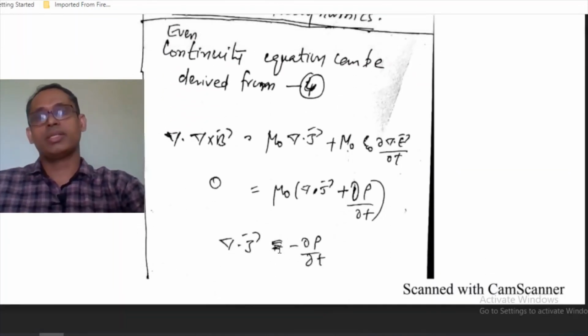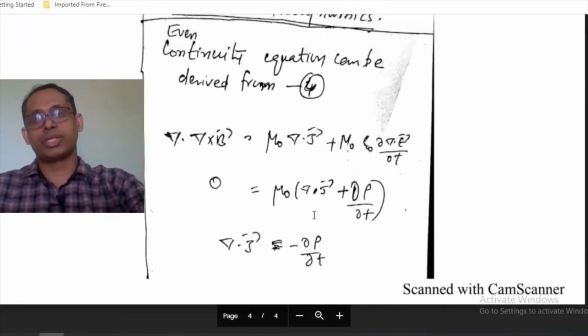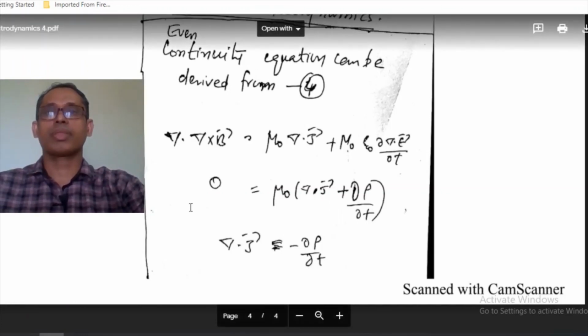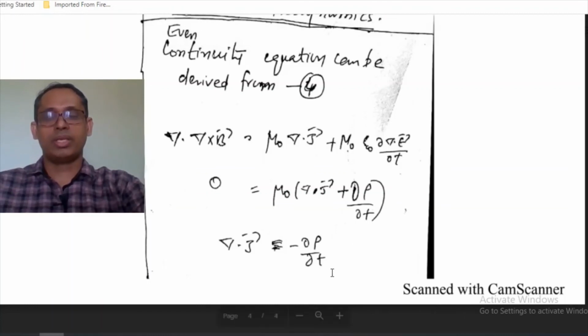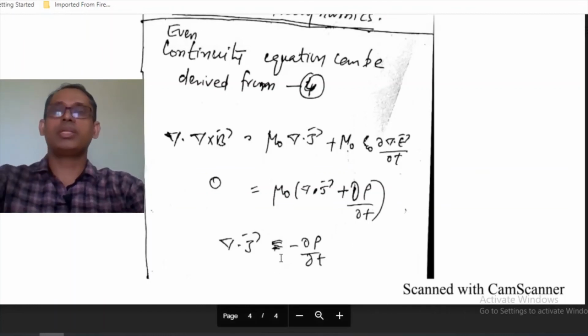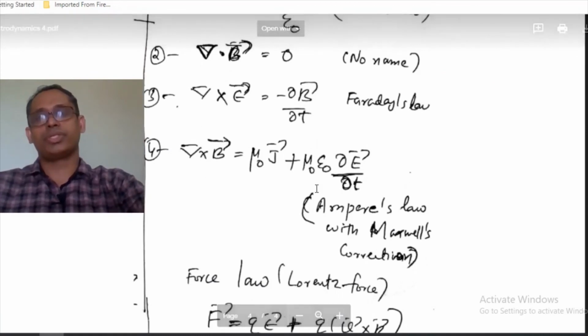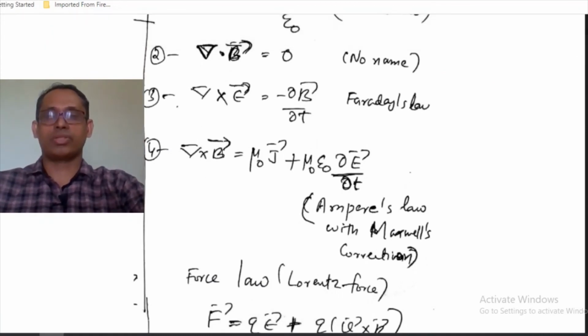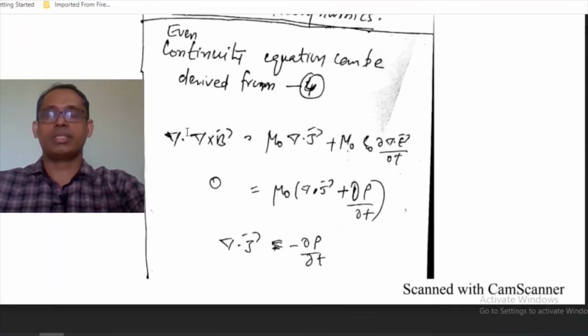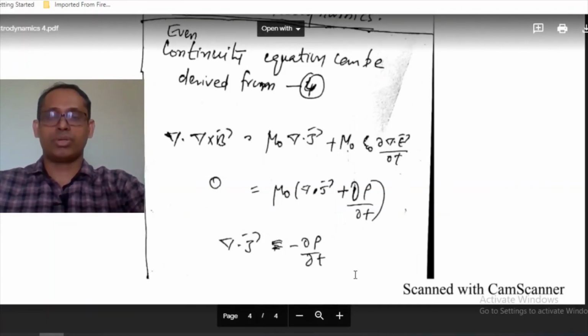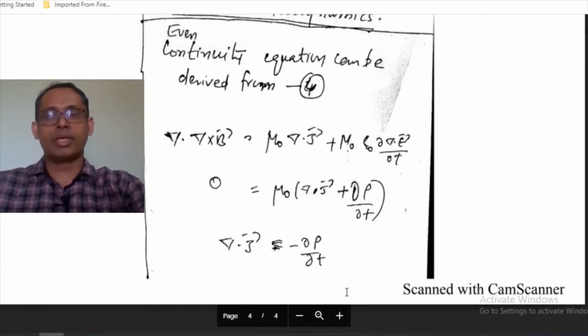In fact, the equation of continuity, which is ∇·J = −∂ρ/∂t, can be derived from equation 4. You take ∇·(∇×B), the left hand side is 0, and from the right we get ∇·J plus ∂ρ/∂t, so ∇·J equals minus ∂ρ/∂t.